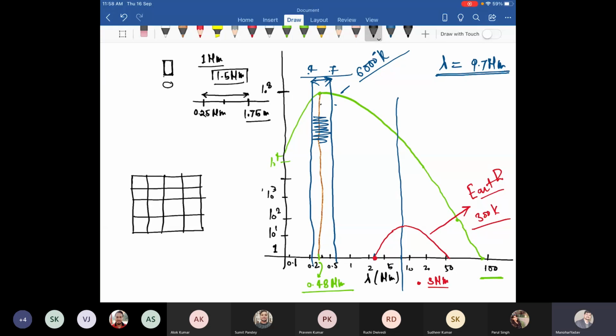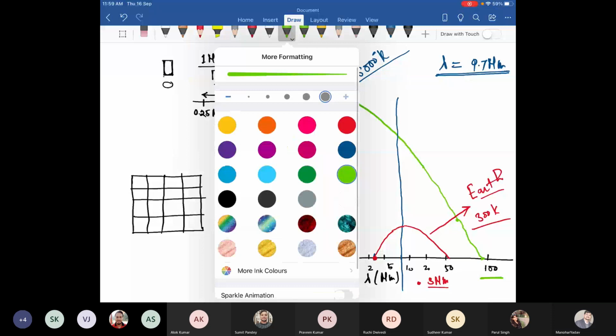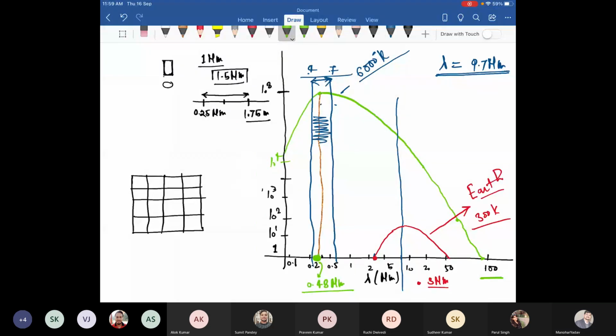Somewhere here you can analyze on this plot, it varies from 0.25 till, let's say, 1.7. Generally we do not select such a large bandwidth, but I have taken it for example. So this is the range in which this sensor is designed.